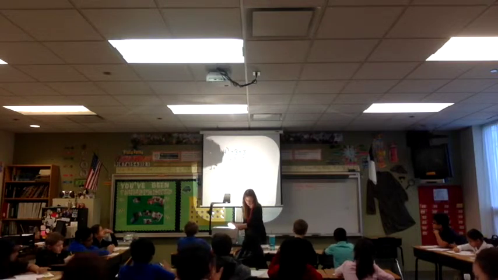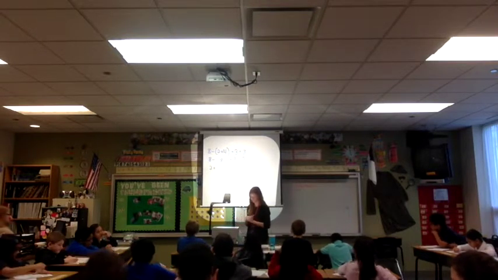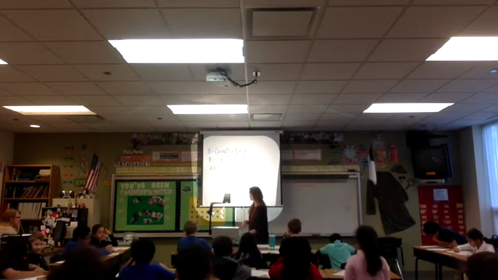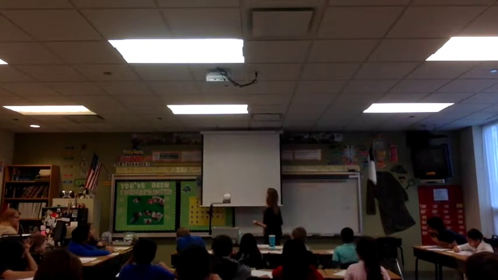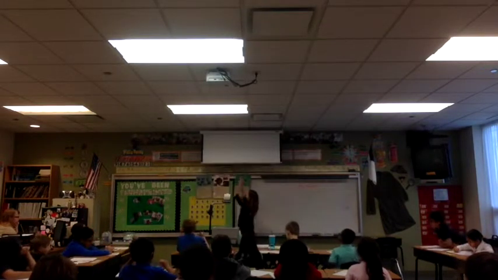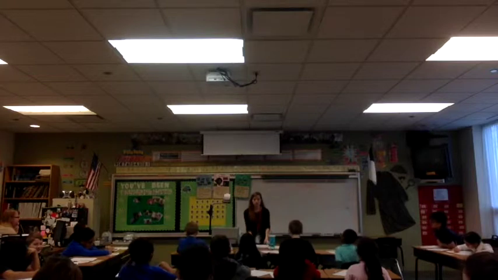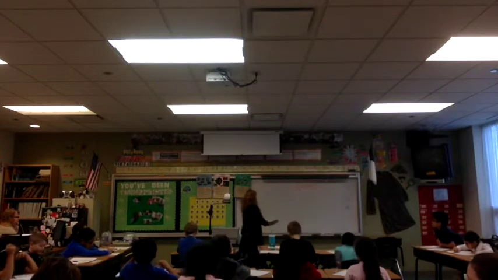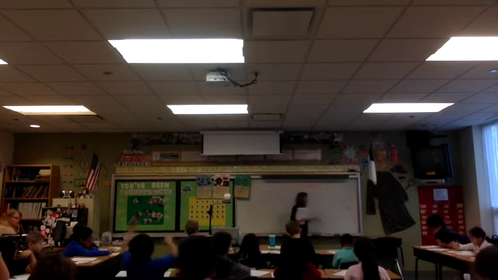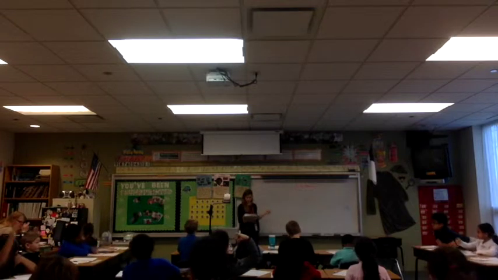All right, let's do one together. Let's do it on the board. Listen up, I'm gonna write one on the board, then I'm gonna ask somebody to come up and show me how to do it.